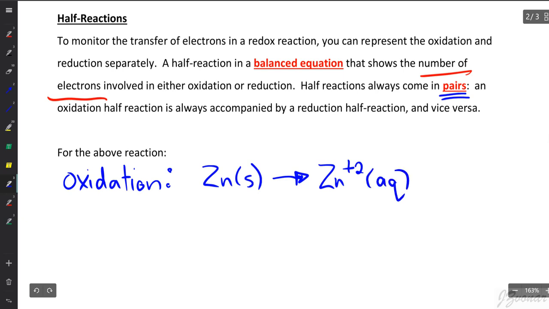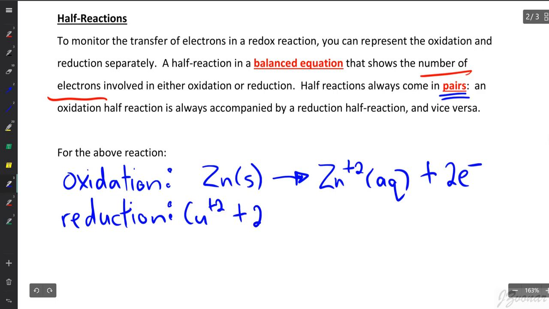And we include the electrons that are being lost on the product side to show that it is a loss of those electrons. Now the reduction portion, so we always have to write these as pairs. We need to include both reactions. We see that we've got copper ions and we're gaining 2 electrons this time, so it is written as part of the reactants. And now we form our product, which is copper solid.